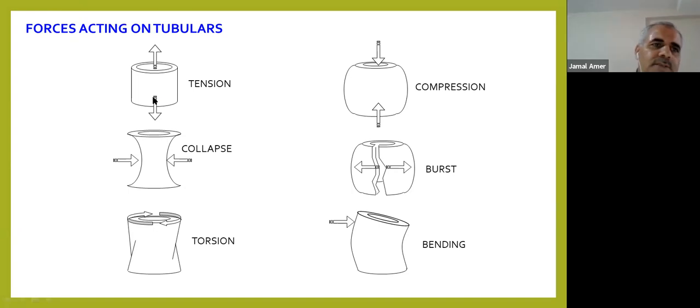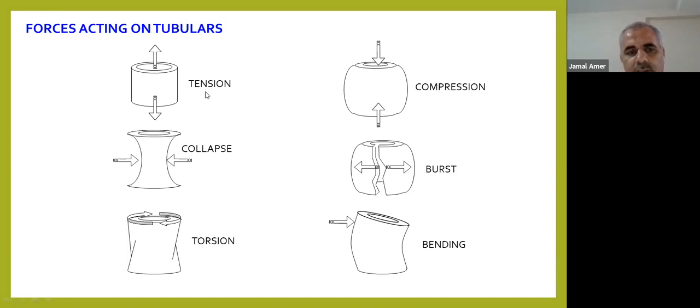What does design factor mean? We will see in the next slides what design factor is and why we use it. We have the API design factor, or some companies set their own design factor according to their experience.